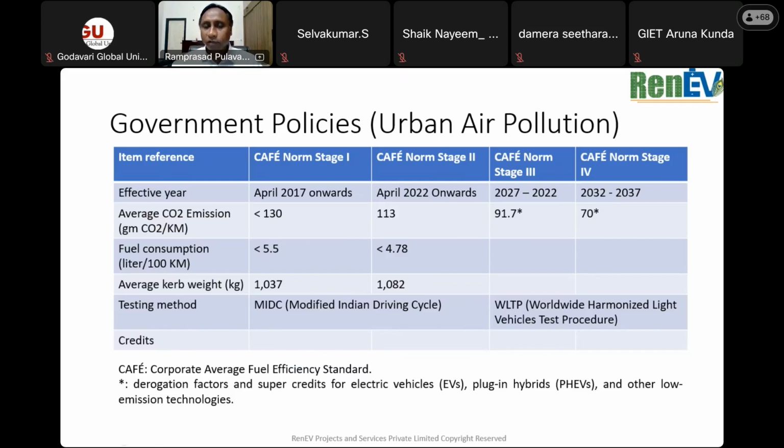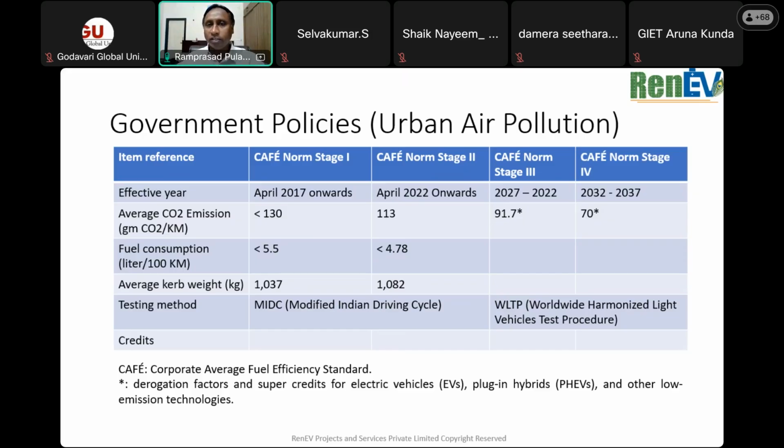Okay. See, CAFE is the abbreviation for Corporate Average Fuel Efficiency Standard.